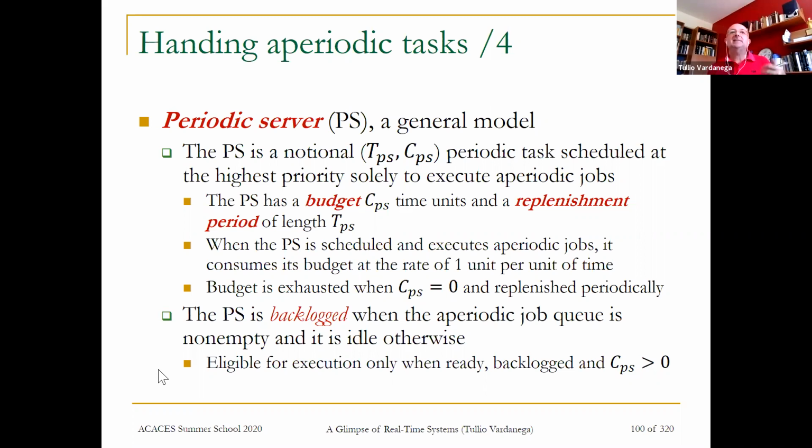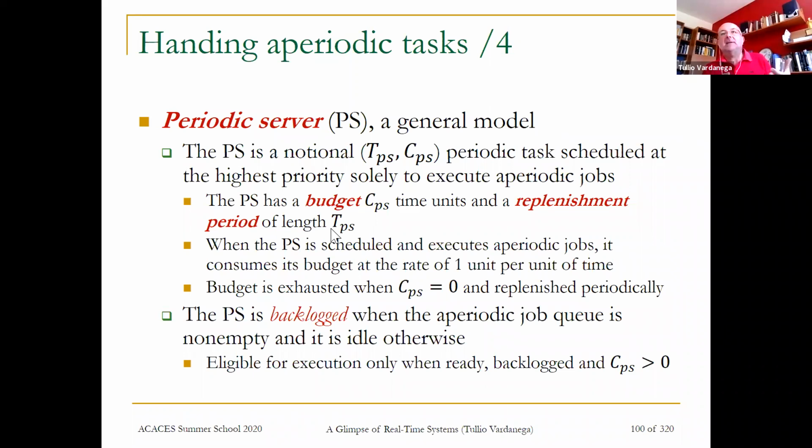It is a strange fellow because it has a period, so it is periodic, and that period is called replenishment period. That is to say, at every arrival of a period, this particular task, which is a periodic server, reacquires fully a budget, which it can spend during one period, giving time for the execution of an aperiodic task that arrives.